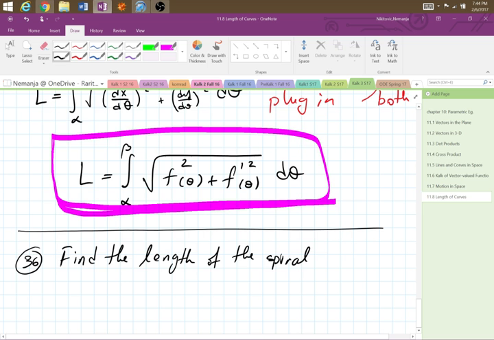They're parametrization, just a different form. So find the length of the spiral, and now we write the spiral. Spiral is r equals 4 theta squared, from 0 to 6.